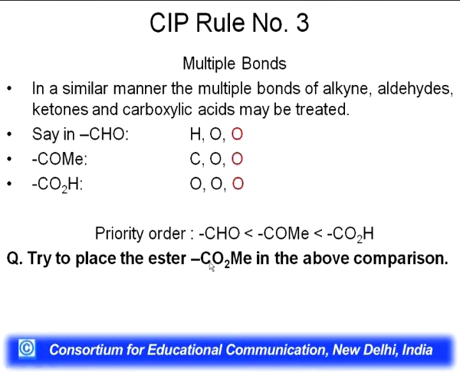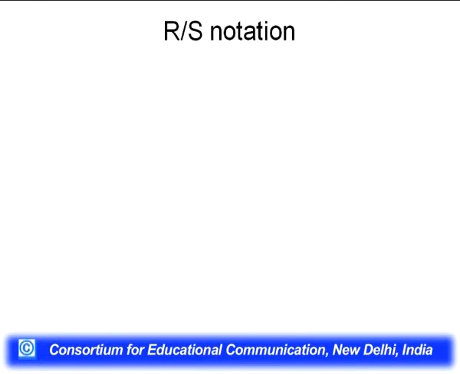So you would have the same things, then you have to move to the oxygen of the OH group and the oxygen of the OMe group, and when you compare OH and OMe, you can get the answer yourself. I have just completed the question, you can do the final thing yourself.